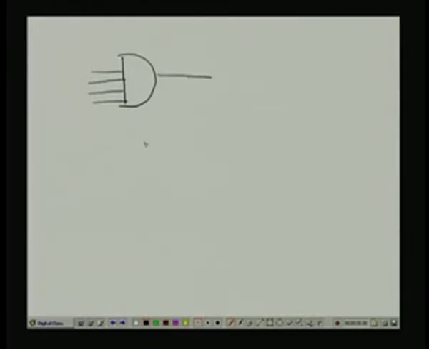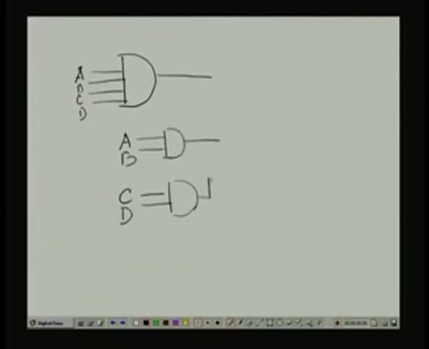What I can do is make a 2 input AND gate, and another 2 input AND gate. Say these are A, B, C, D, 4 inputs. Now, these are 2 inputs A, B, these are 2 inputs C, D, and again I can put another AND gate here.